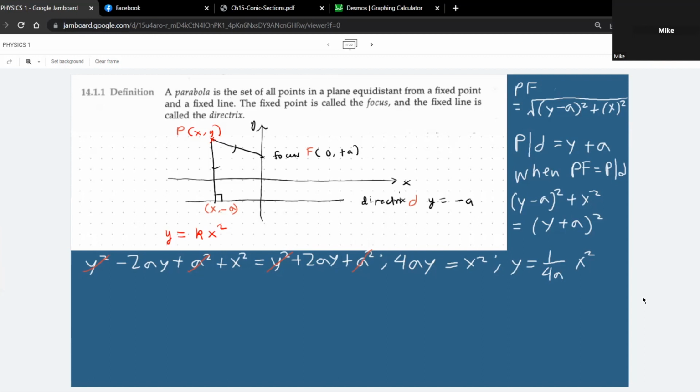Okay, we've done this for the directrix being on y equals negative a, and the focus somewhere in the y-axis.